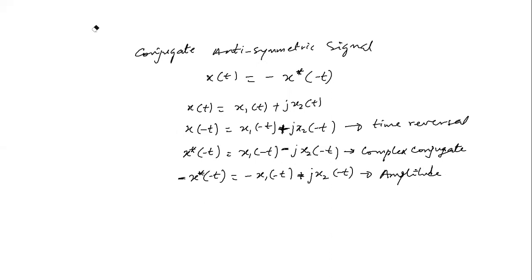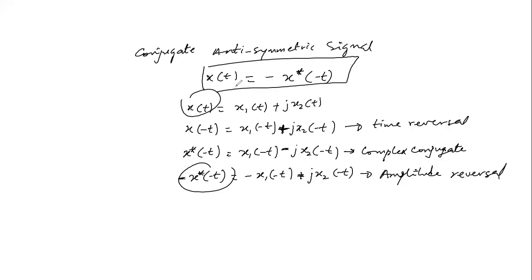So when this condition is satisfied, then we say the signal is conjugate antisymmetric. So the point now is, how do we perform amplitude reversal?